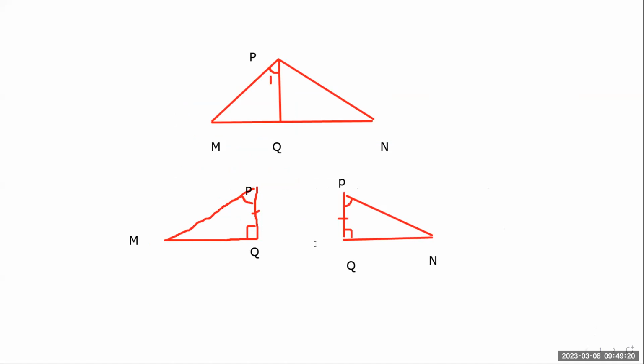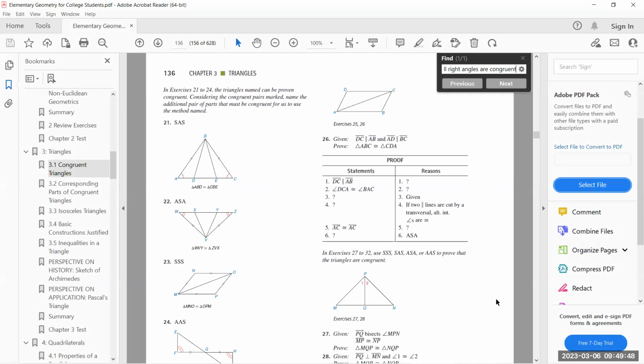Okay. So if we go back to the book, the last statement in a proof is always the thing that you're trying to prove. So the first statement is a given, and the last statement is what you're trying to prove. What we were trying to prove here was that triangle MQP is congruent to triangle NQP.